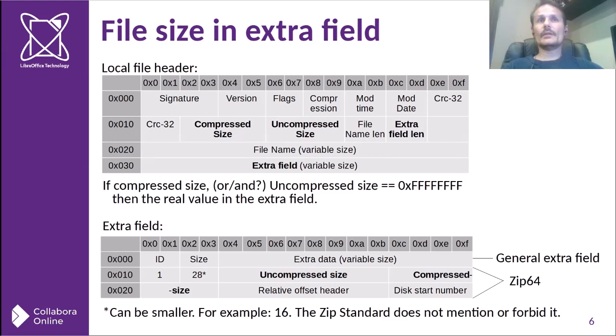Then the length of the file name and the length of the extra field. Then the actual file name and the actual extra field. In many cases, this extra field does not exist. I mean, the length of the extra field is 0.